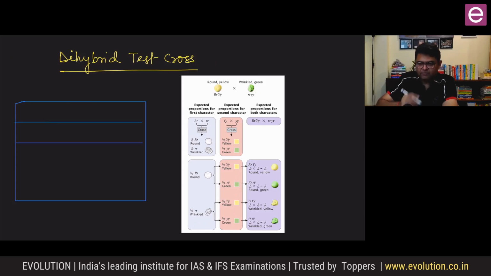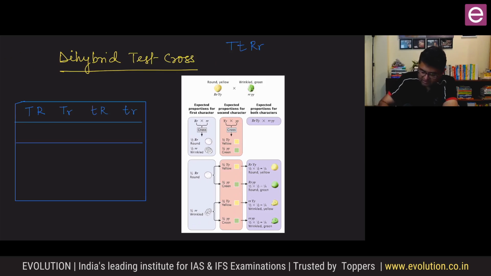So we are looking at a trait which is heterozygotic. So let's say that it is tall, tall and round, round. Okay. So what are the gametes that you are expecting? T, R gamete, both dominant, then one dominant, one recessive, then one recessive, other dominant, both recessive.